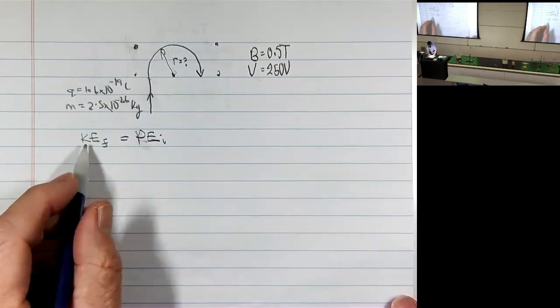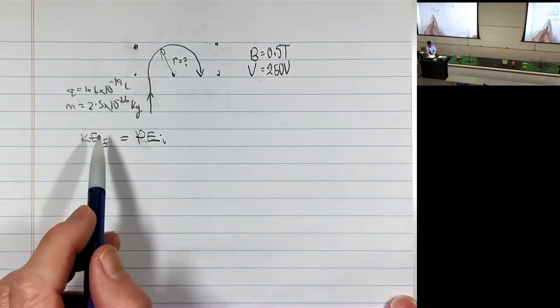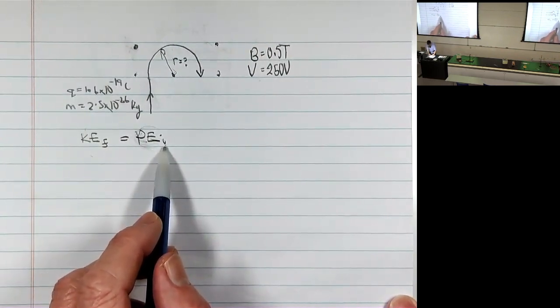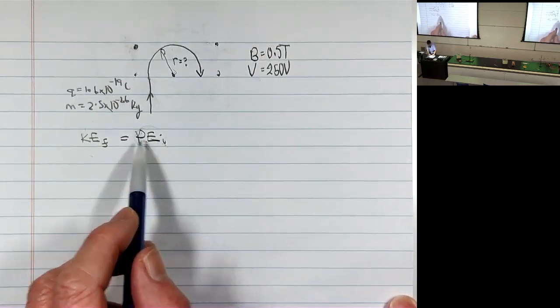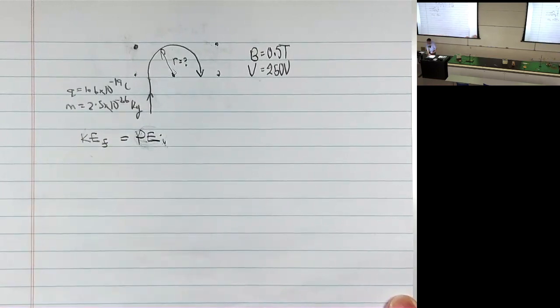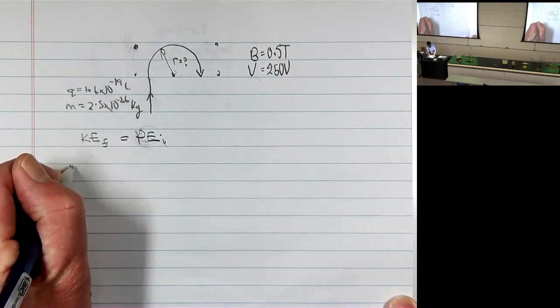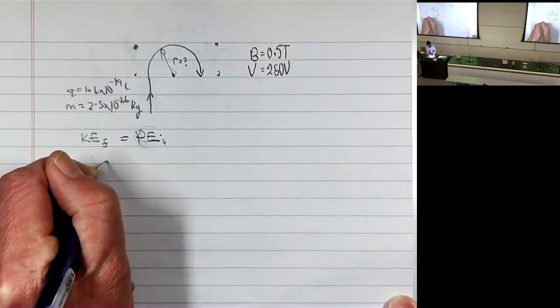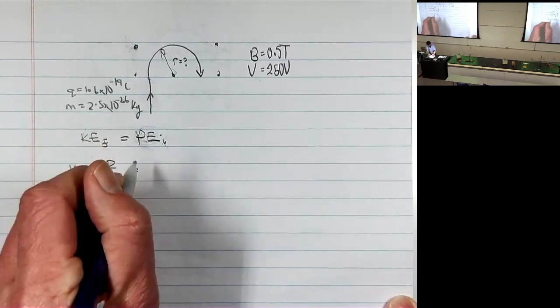All I've got to do is fill in the initial potential energy of the particle at the top of the hill, PE subscript i, and I'll be able to get out the kinetic energy at the bottom of the hill. So just like a ball rolling down a hill, but this is an ion rolling down an electric hill.